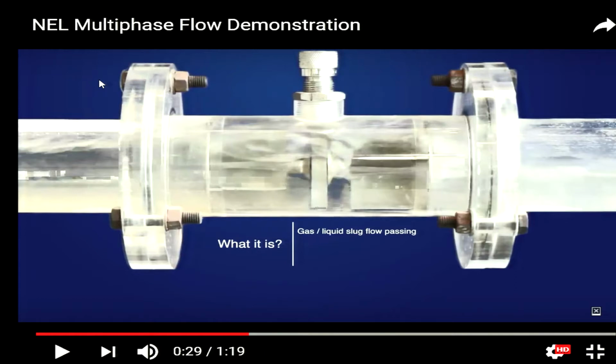So, how would the orifice flow meter work? Wire and notch flow meter. How would that work?